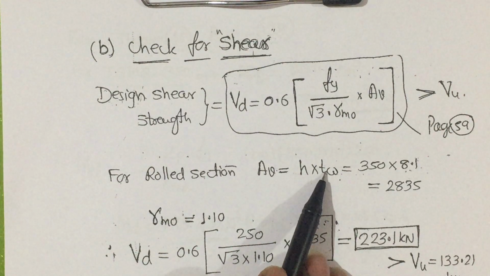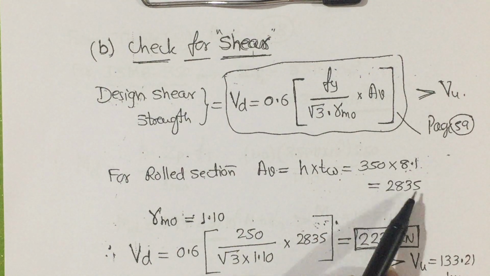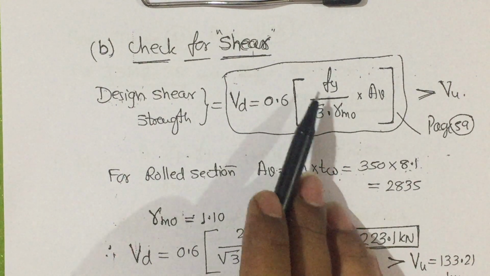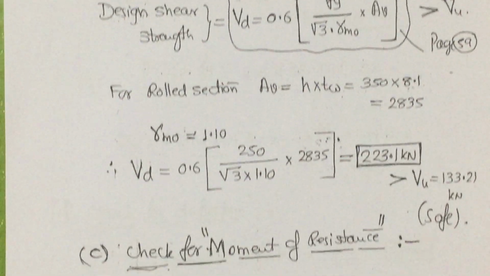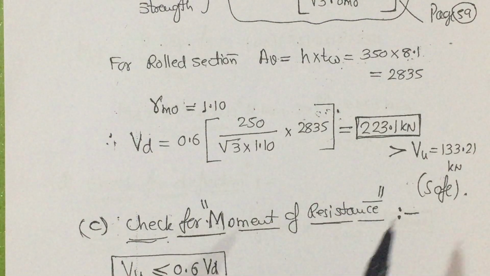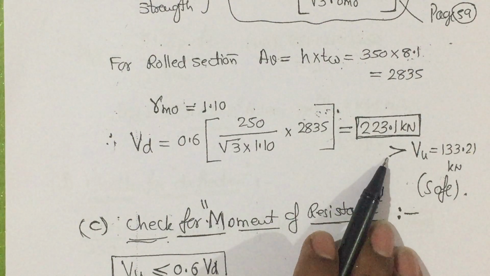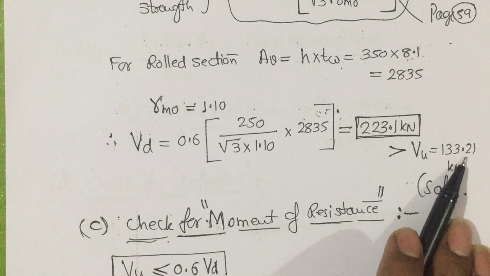Total height is 350, thickness of the web is 8.1, you are going to get 2835. And gamma m naught is 1.1, Fy is 250. Substitute, you are going to get 223.1 kilonewton, and it is greater than the ultimate shear 133.21.